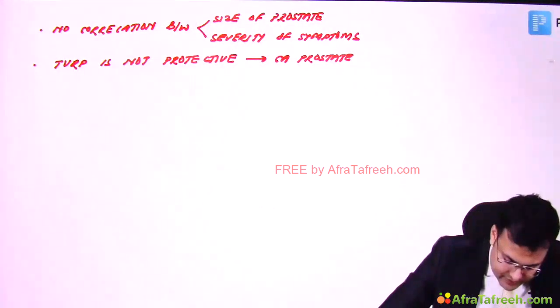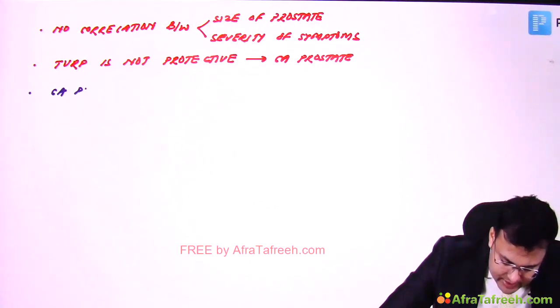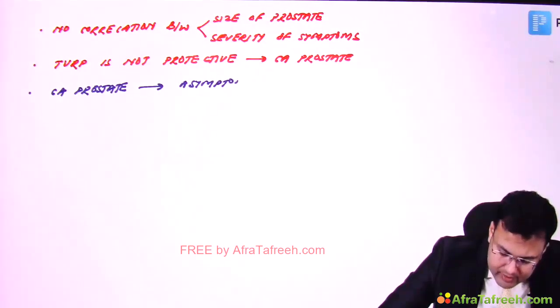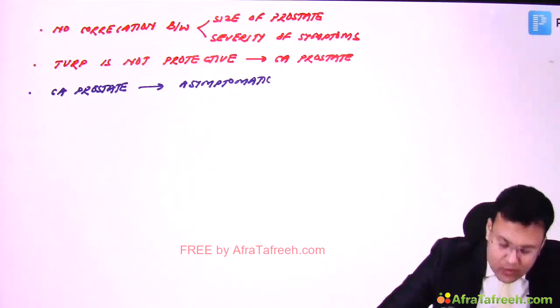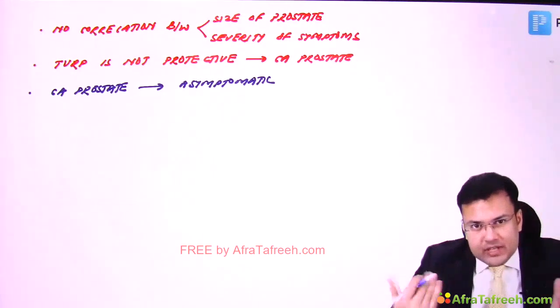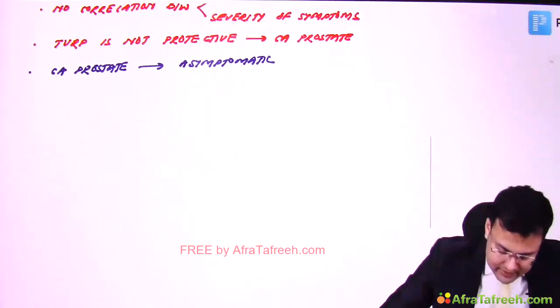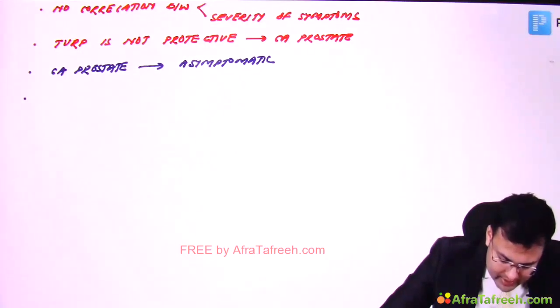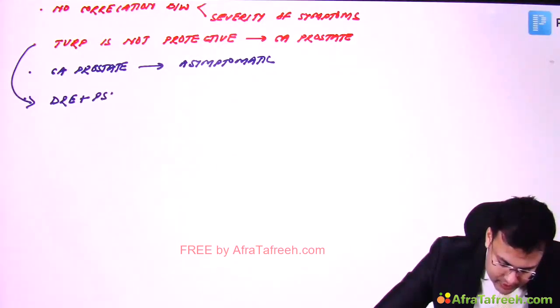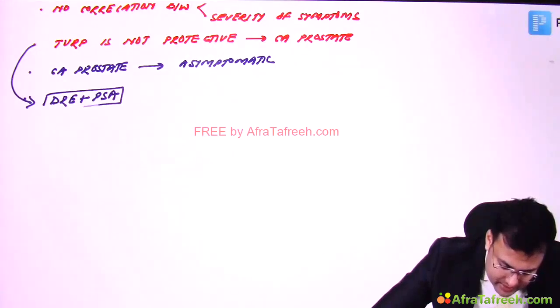The majority of patients of carcinoma prostate, CA prostate patients, are asymptomatic in initial stages. Why? Because the location of the nodule is in the periphery, or in the peripheral zone, and even after TURP, the screening should be continued. The screening should be continued with DRE plus PSA.